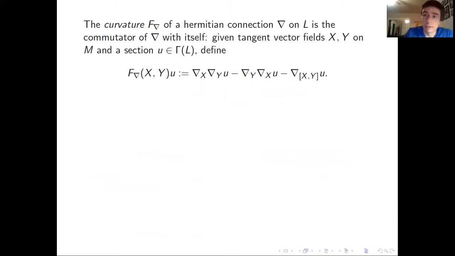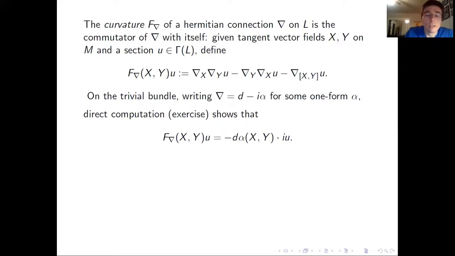So the curvature, F sub nabla, of a Hermitian connection nabla, is just the commutator of nabla with itself. So namely, given tangent vector fields x and y on M, and some section u in gamma of L, we define F nabla of x, y acting on u to be the commutator of nabla x and nabla y acting on u. We have to add in this little nabla of the commutator of x and y. All right, so presumably you've all seen this definition of curvature before, at least in the context of the Levi-Civita connection.